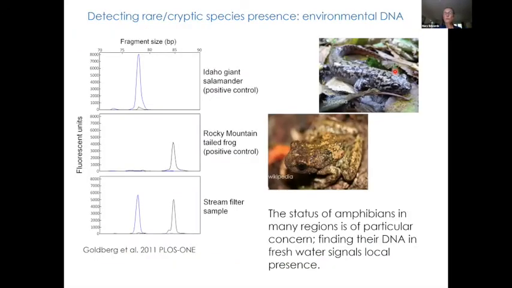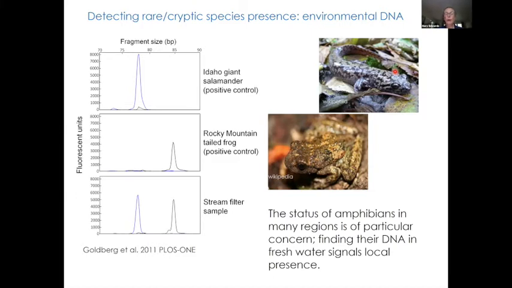So just a few examples of the points that one might follow up using ancient DNA. Rare or cryptic species presence. Within a short time, if you can sample water, you can find the DNA of species that might be very, very hard to find or to see, or certainly to count, or to map in specific habitat areas, by searching for their DNA.